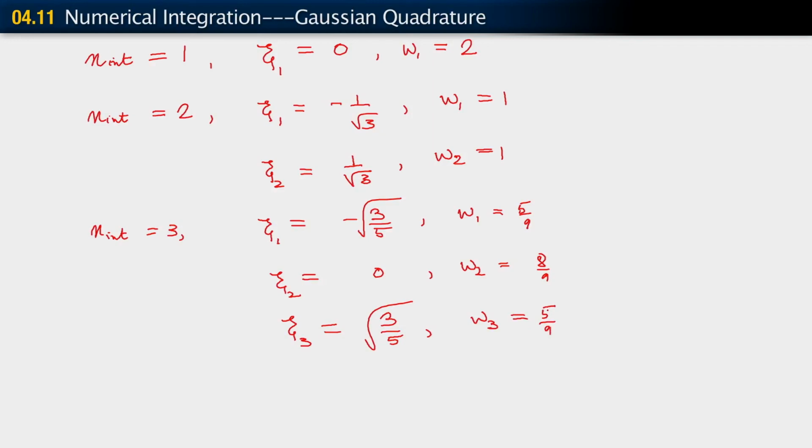You can check that for all three rules I've put down, the sum of the w's is always equal to 2. These are all rules from Gaussian quadrature.